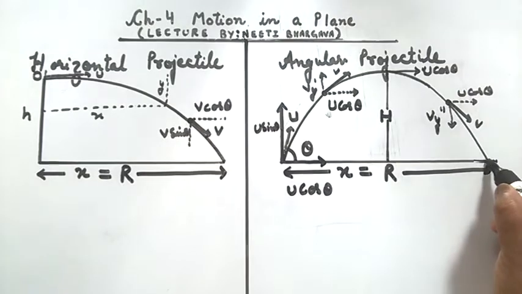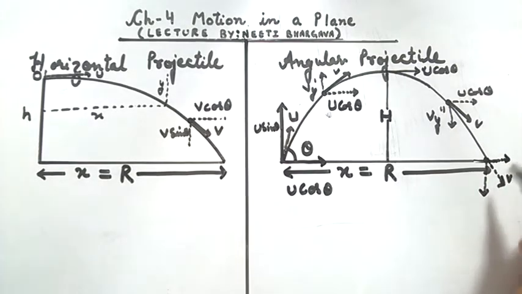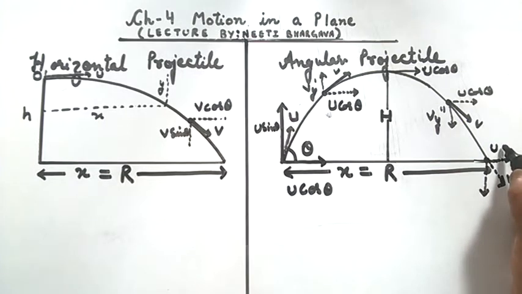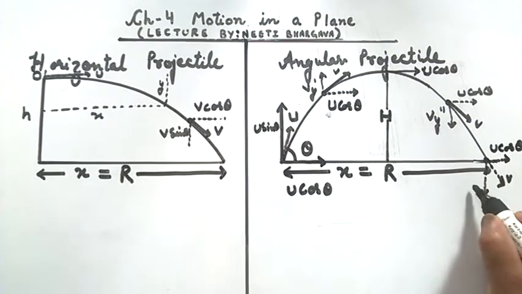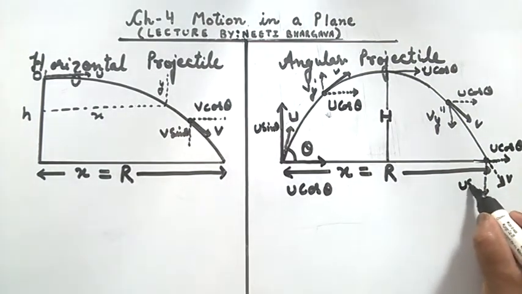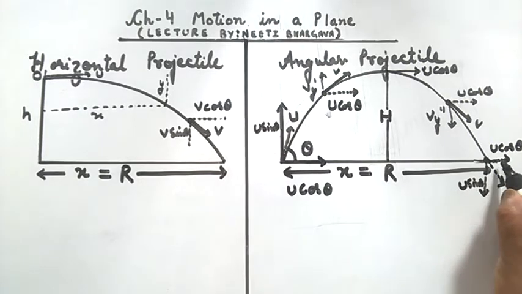At this position, this is the initial velocity v and its components are u cos theta and u sin theta, making an angle theta with the horizontal.